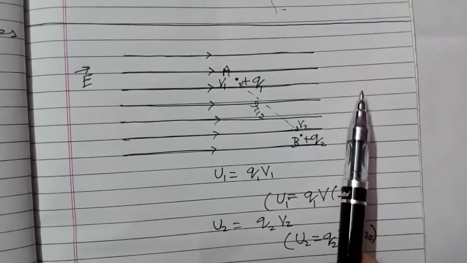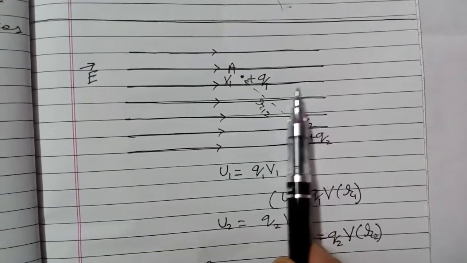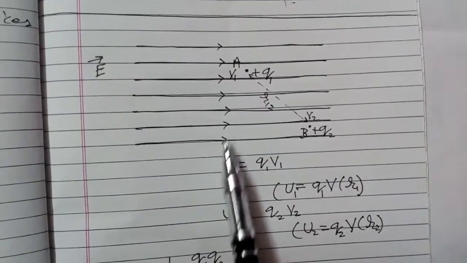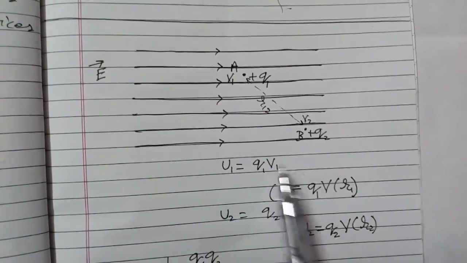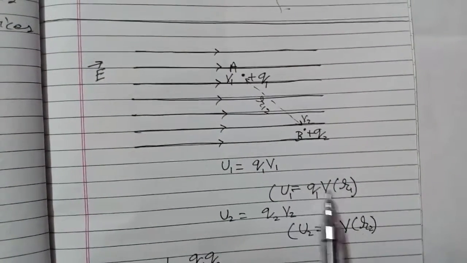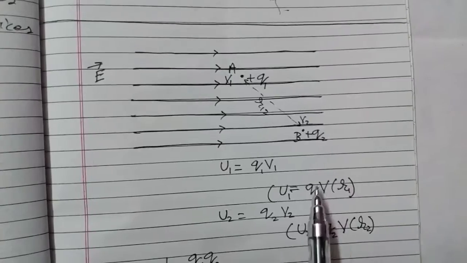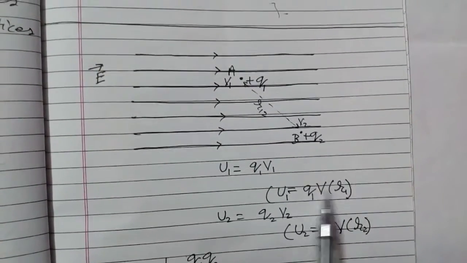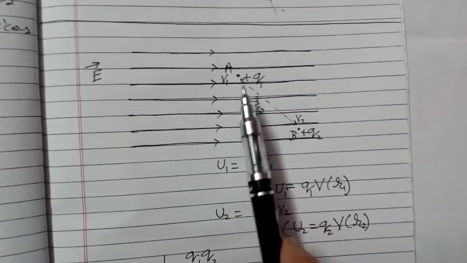So first we bring the plus q1 charge and place it at A. So its potential energy will be equal to q1 into V1 or q1 into V(r1). So this is a method which is written in books. Okay. So r1 shows the position.